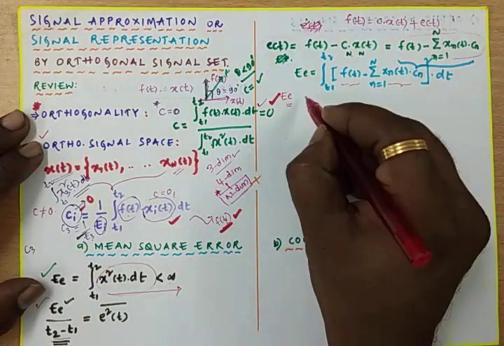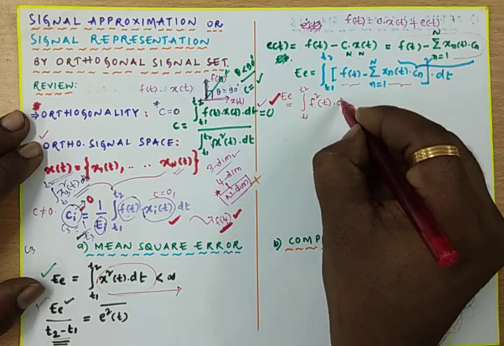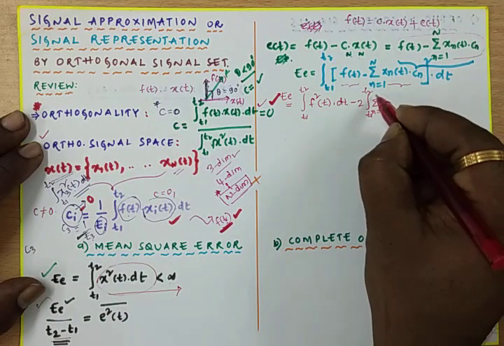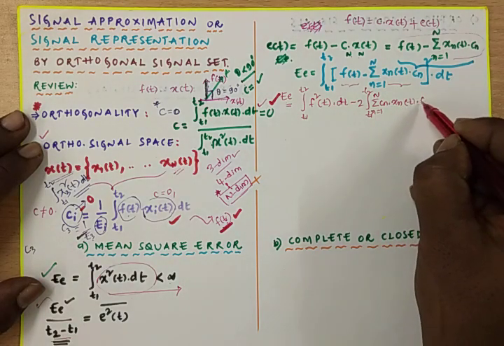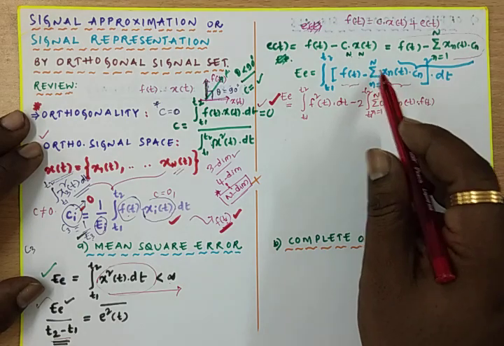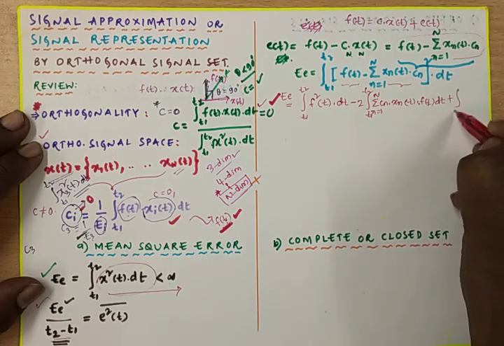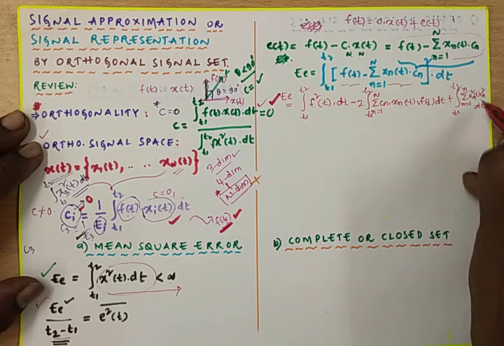Now EE is equals to a square, integral T1 to T2, a square is nothing but f square t dt, minus 2ab, 2 into integral T1 to T2 sigma n is equals to 1 to n, Cn xn of t into f of t, where a is f of t and b is sigma n is equals to 1 to n xn of t into Cn, dt, plus b square, integral T1 to T2, b is this total part, so I can write sigma n is equals to 1 to n xn square of t into Cn square dt.